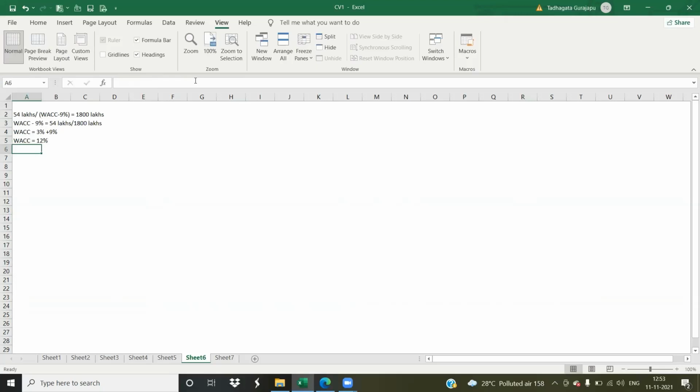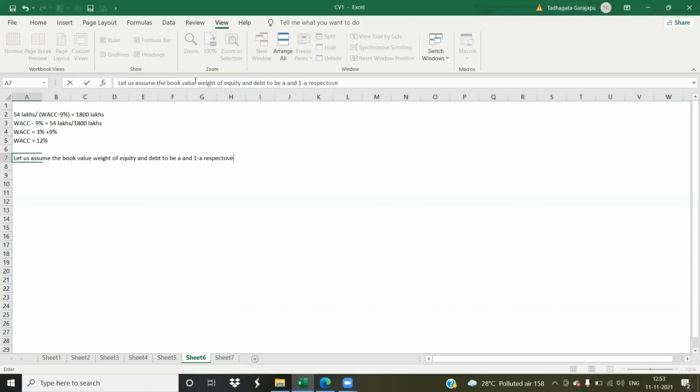So what is WACC? Let us assume the book value weight of equity and debt to be A and 1 minus A respectively.